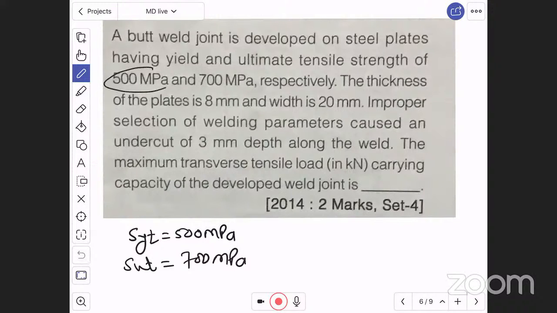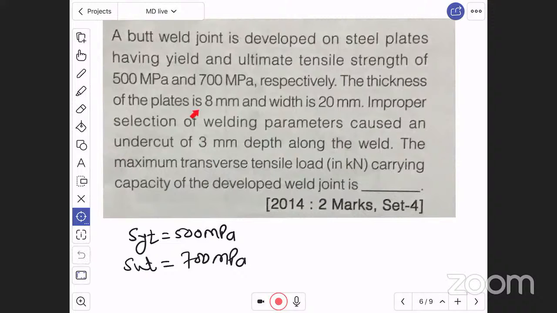Here you can see this is the yield and here it is the ultimate, right? Now come to the question. A butt weld joint is developed on steel plates having yield and ultimate tensile strength of 500 MPa and 700 MPa respectively.